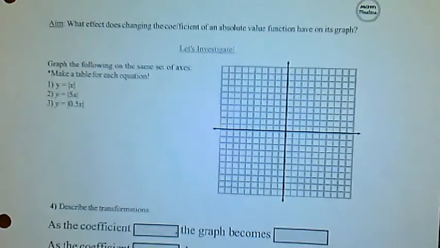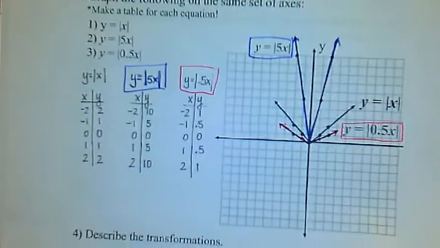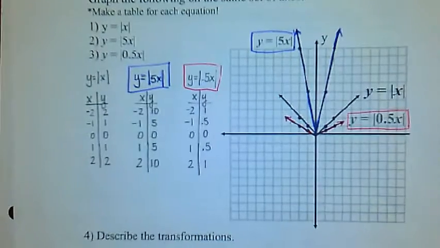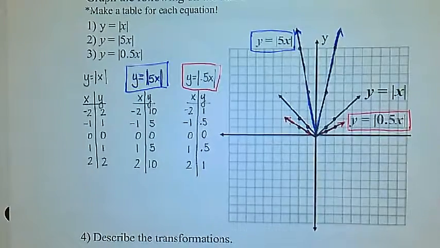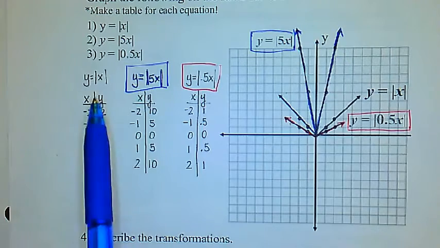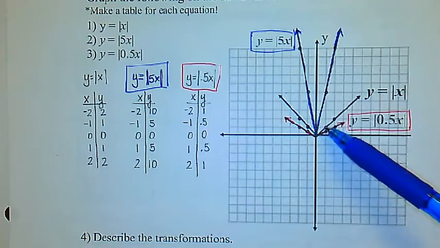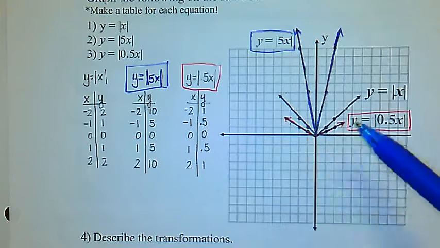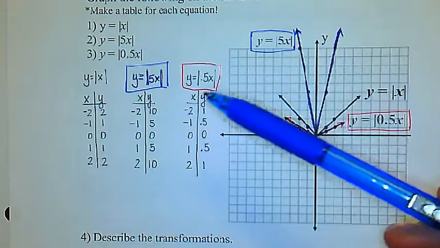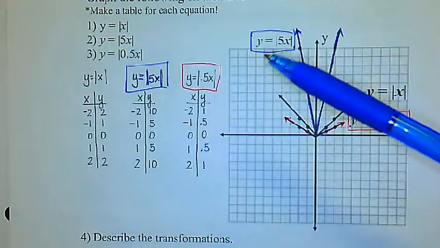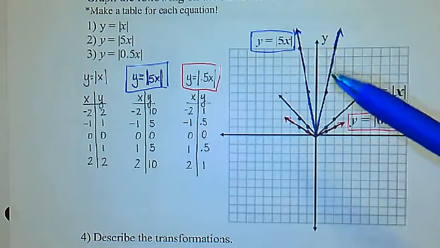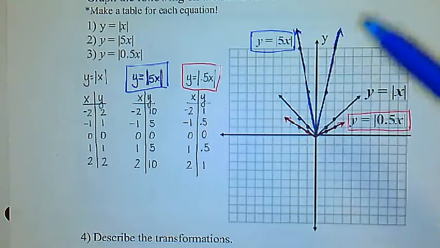So let me just show you how I graph these. Here are my 3 graphs. The black one is just your regular 0, 0, 1, 1, 2, 2, etc. The blue one, that's when we multiply by a number bigger than 1. If you notice, it kind of squeezes.